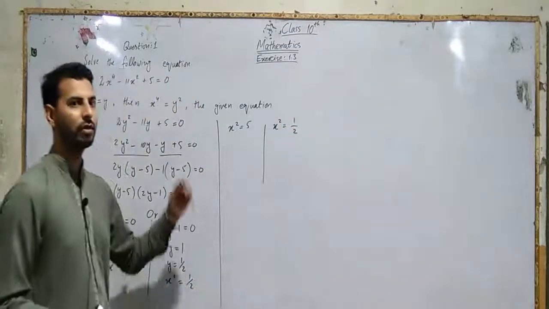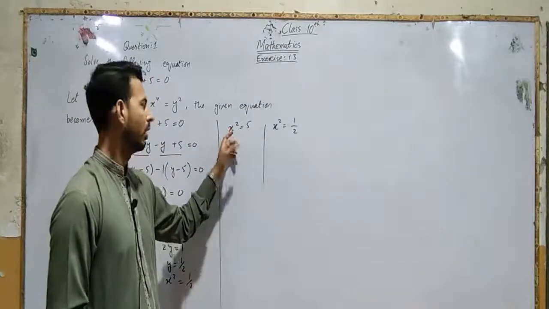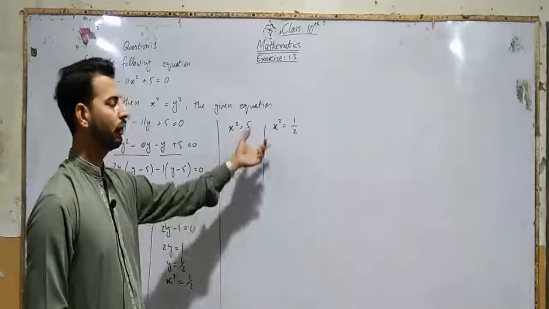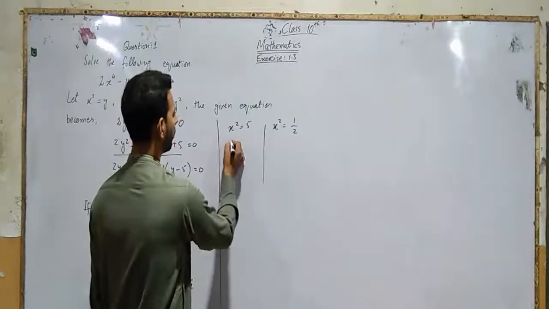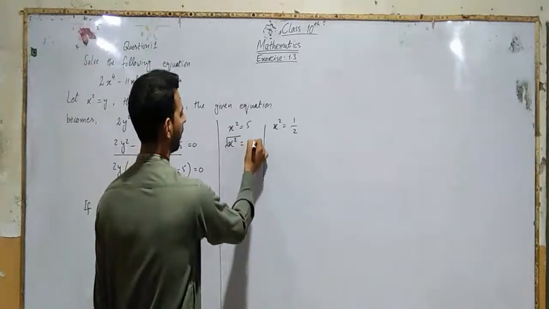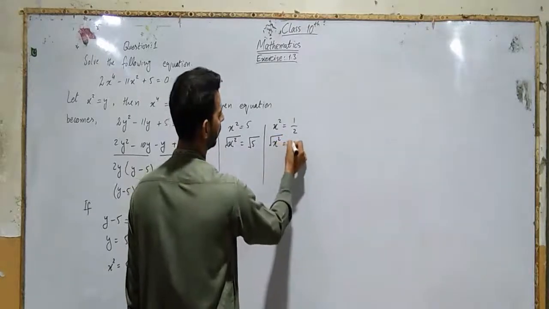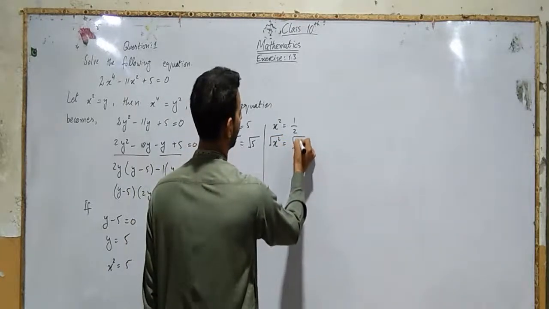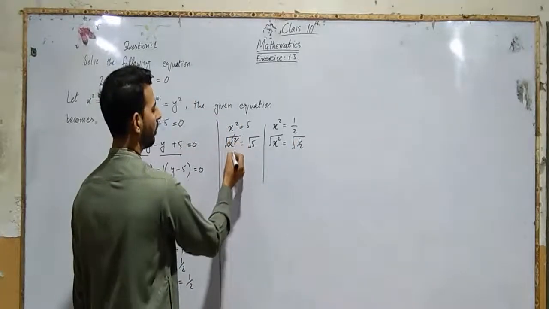Now students, we have to find out the value of x but not the x square. So we will take the square root of both sides. So by taking square root on both sides, it will become square root of 5, square root of x square, and square root of 1 over 2. Students, now square root and square will be cancelled.